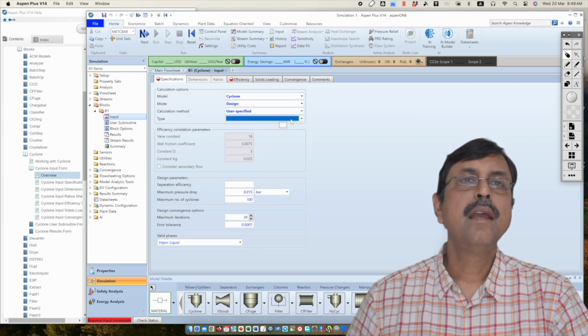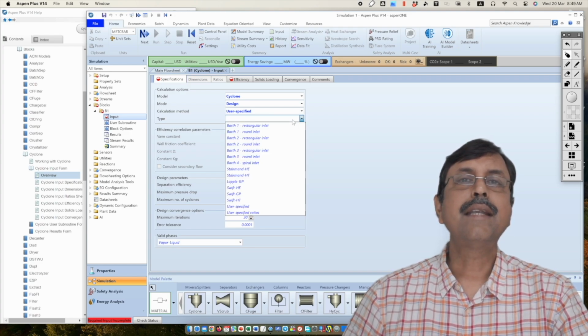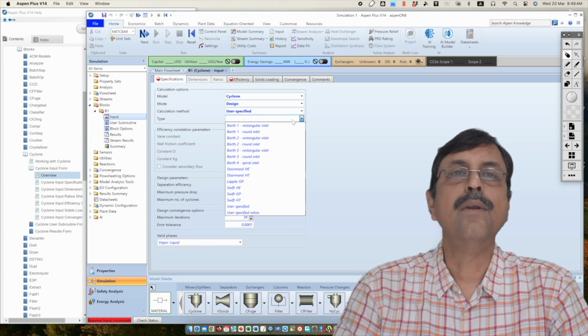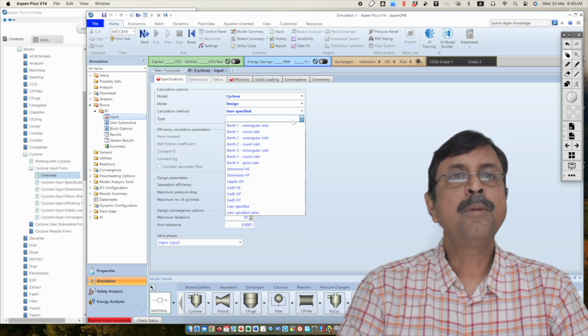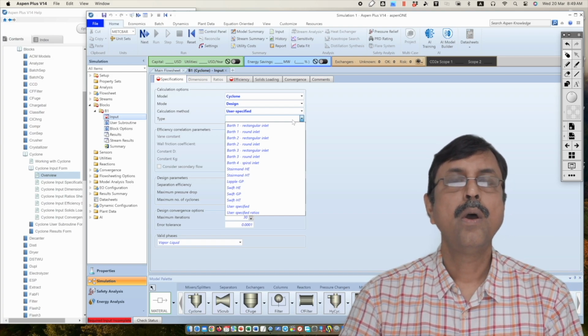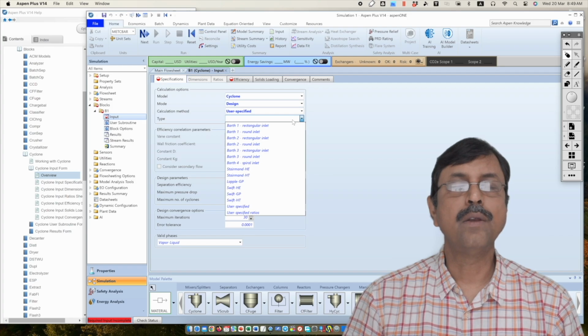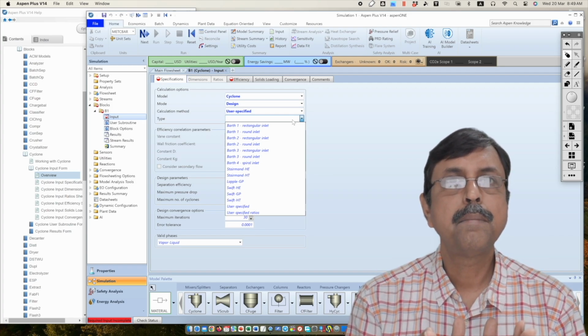Similarly, the type of cyclone. Now, as I said, in the type of cyclone, what will be the length of the cyclone? Or what will be the diameter of the cyclone? Or what will be the angle of the conical part?